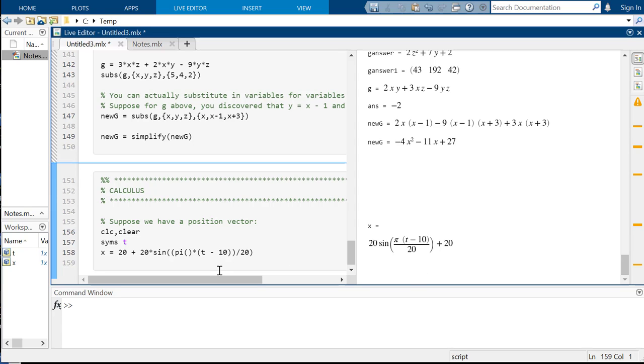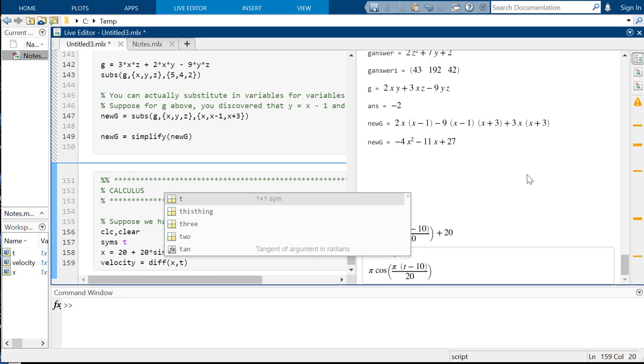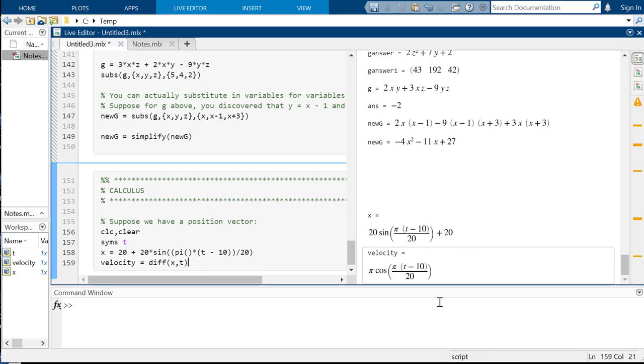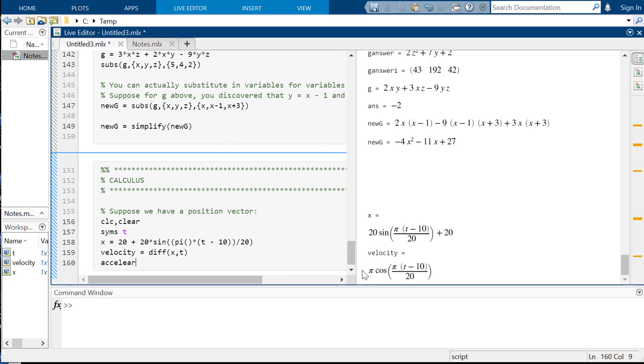And I can remember that velocity is dx/dt, so I can differentiate x with respect to t. And now it's going to give me the velocity. Thank you. And remember acceleration, except I can't spell. Acceleration is the differentiation of velocity with respect to t.